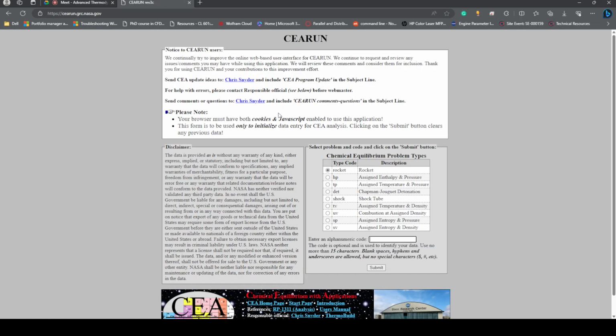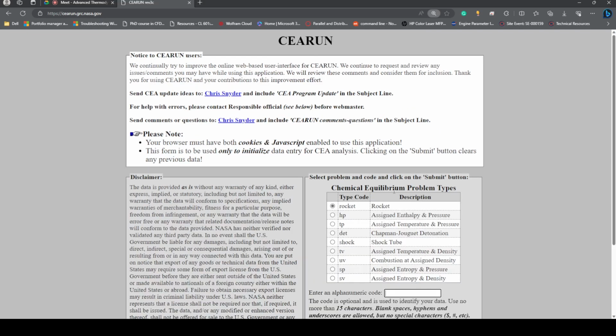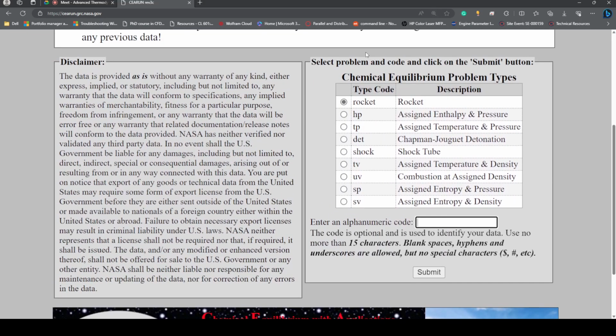This would be the interface for the CE analysis, and here you will be asked to select the problem and code. There are different chemical equilibrium problem types, all of which are a little bit advanced combustion concepts. But our interest is assigned enthalpy and pressure. For a given pressure and given enthalpy, we are trying to find the equilibrium.